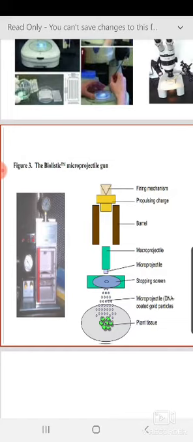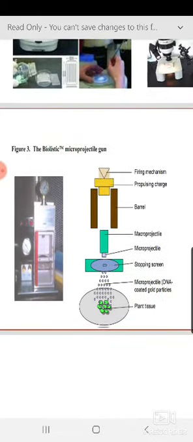The pressure eventually reaches the point where the rupture disc bursts, and because of this pressure the helium blasts the DNA coated, gold coated particles towards the stopping screen.